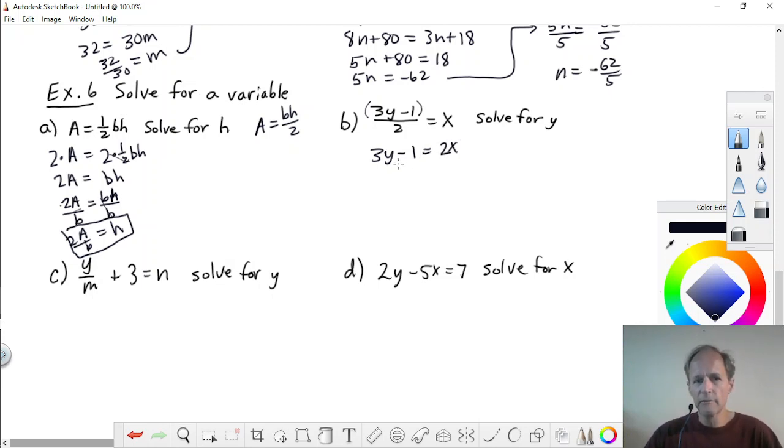We're wanting to solve for y. Next thing is to add the 1 to both sides. This time I'll write it out. I have enough room. 3y minus 1 plus 1, added on there, equals 2x plus 1. Added it to both sides. The negative 1 and 1 is 0, leaving 3y here. Over here, 2x plus 1. We're almost done.